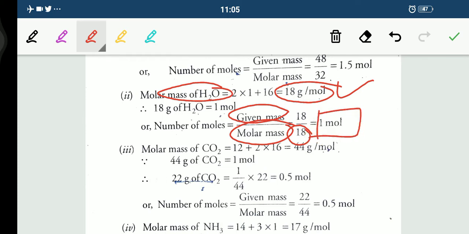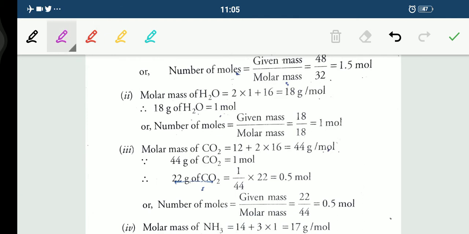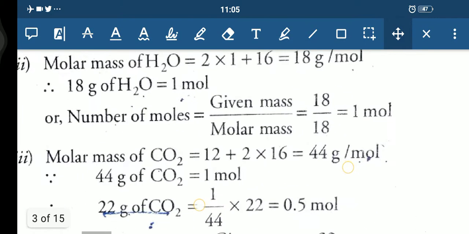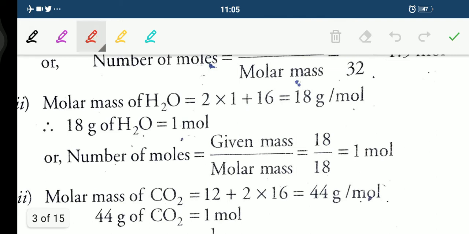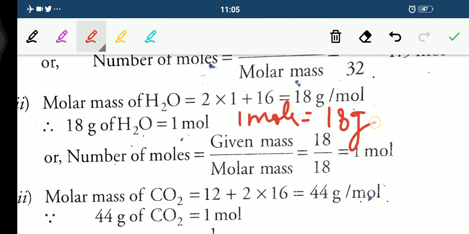Fine, children. Now, if we need to find out the same thing with the unitary method, just simply do it like this. Let me just zoom on this now. We should know first of all that 1 mole is equal to 18 gram. So we need to know about the 1 gram. For 1 gram, here we need to find out the moles.